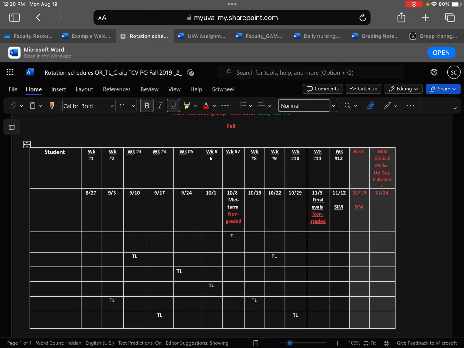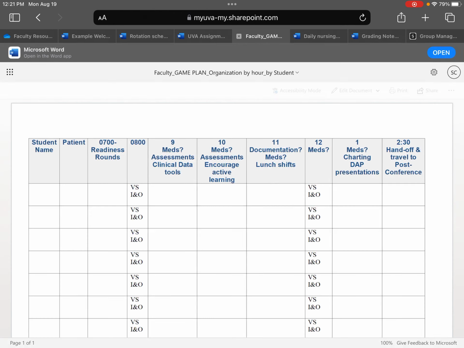And then this is my organization sheet, especially if I am teaching more than one clinical group in a particular semester. It just helps me keep everything on track so I know what student is doing what each week and can send the appropriate information.